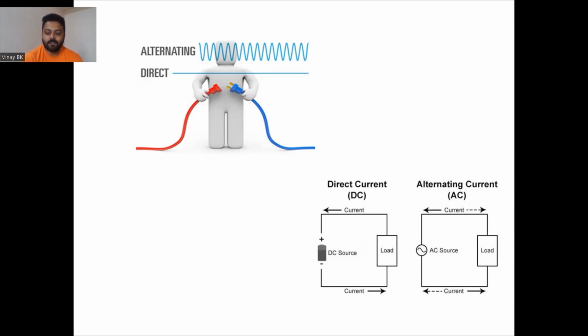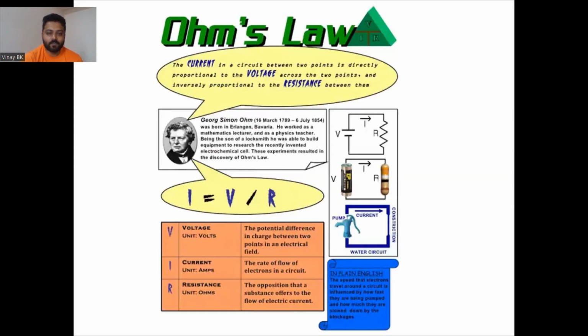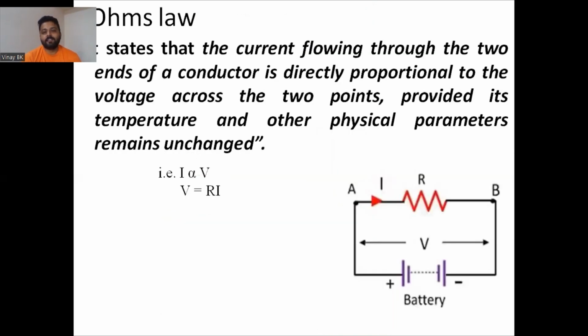You are applying DC to a conducting material, say a resistor, so that George Simon Ohm introduced Ohm's law, and he states Ohm's law as: if you are considering any conductor and giving supply to the conductor, that supply voltage will be directly proportional to the current flowing through the conductor, by considering temperature and any other physical parameters constant.